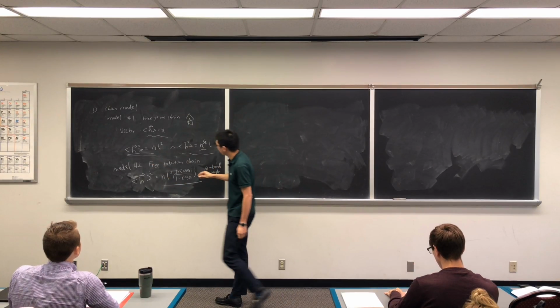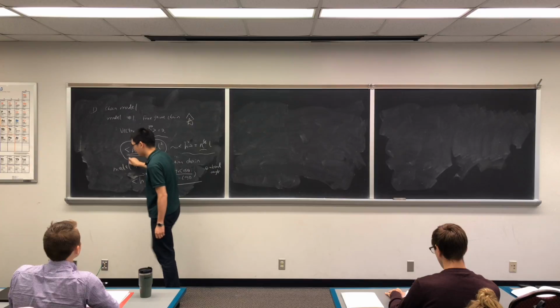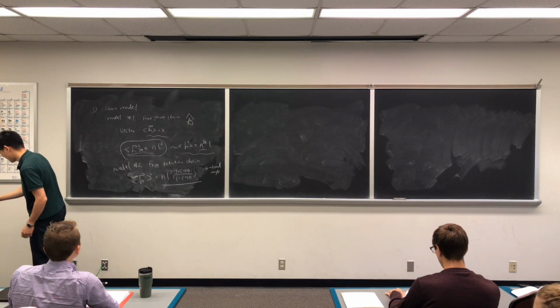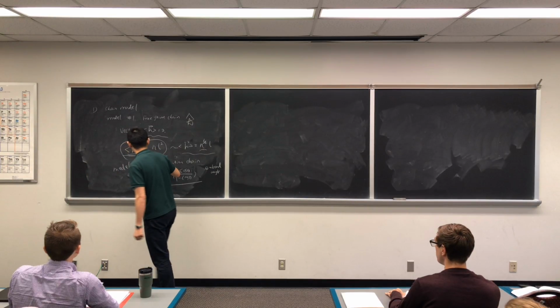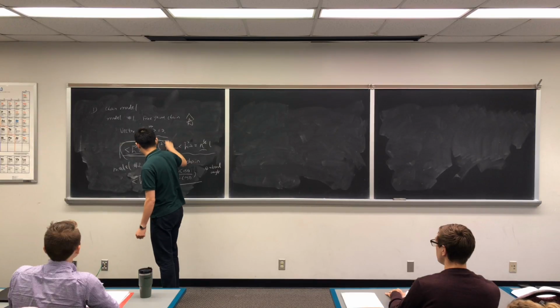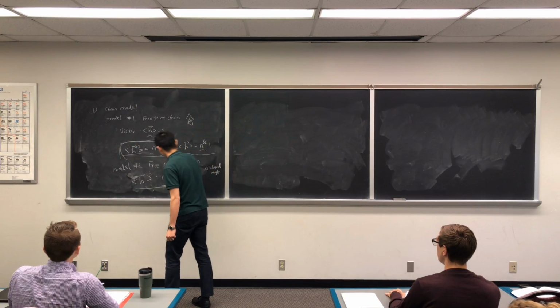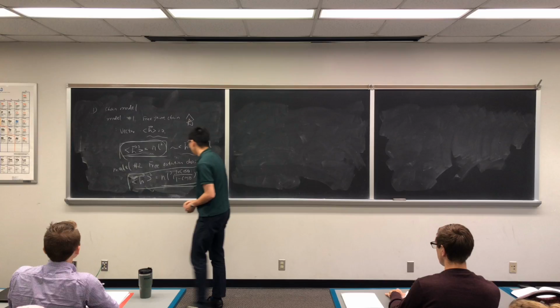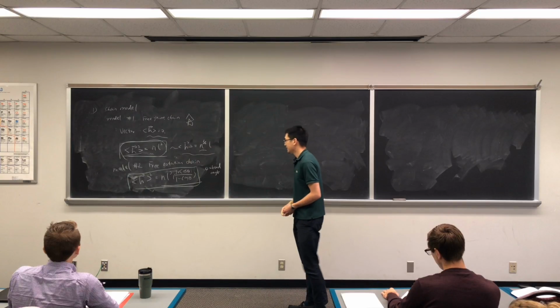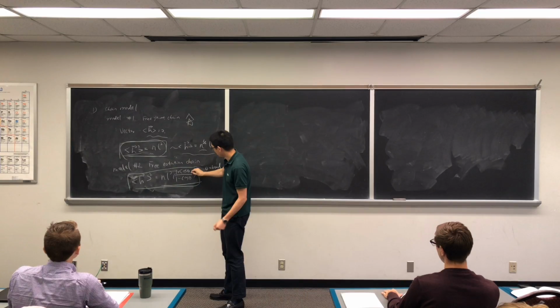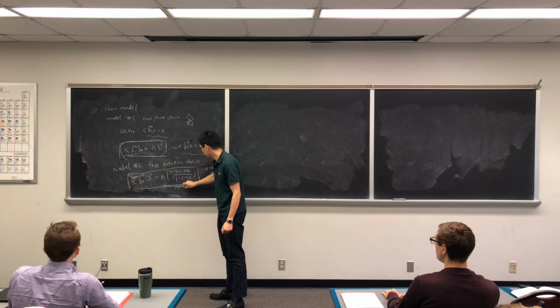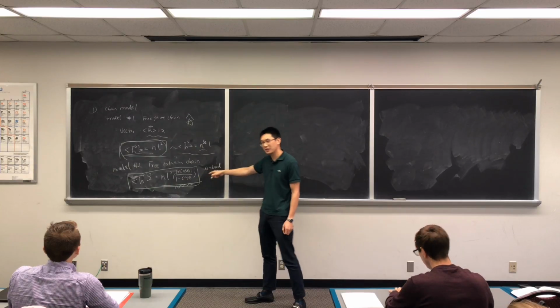Let me use a different color to highlight them. First box is here, second box is here. The difference is that you now see one additional term, so let's take a closer look at it.